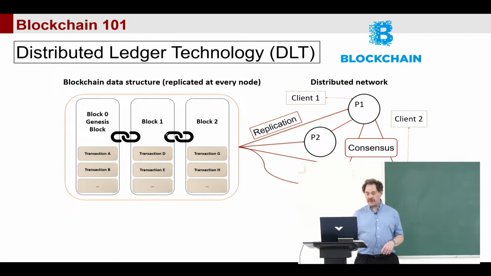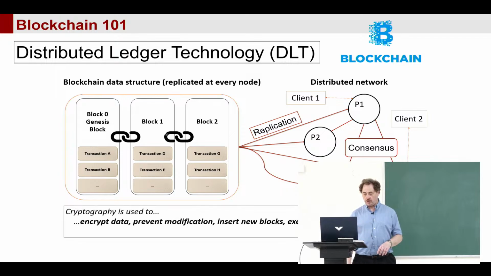And this is why consensus plays such a central role in the technology. And cryptography and security techniques are used in many places. It's used to encrypt the data, to prevent unwanted modifications, to gain a right to propose new blocks, to execute and verify transactions, and to create the ledger. These are just some examples.